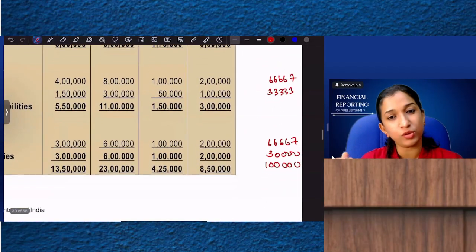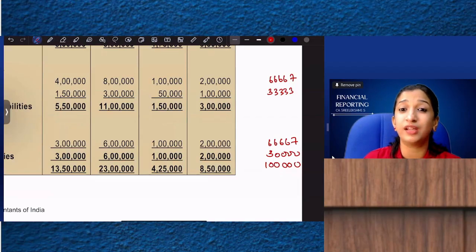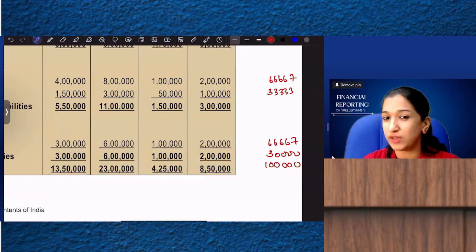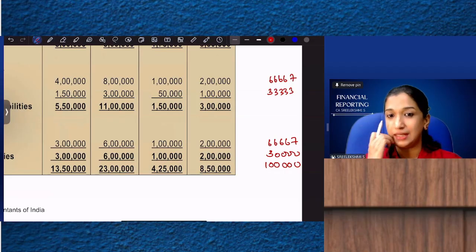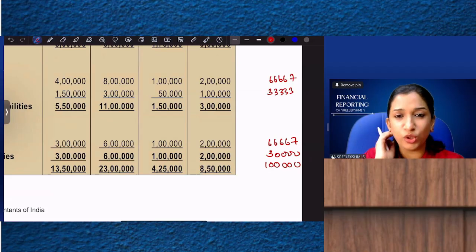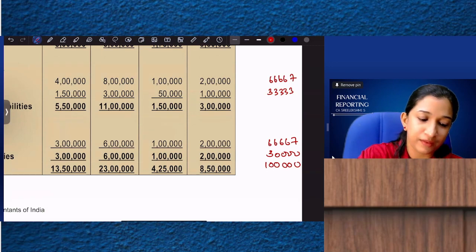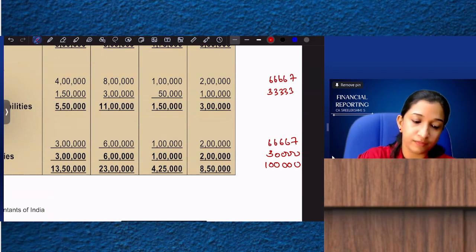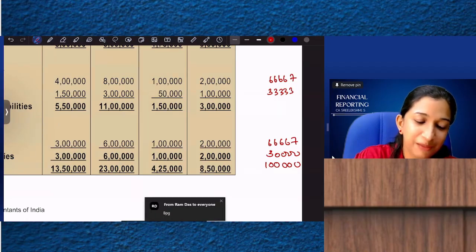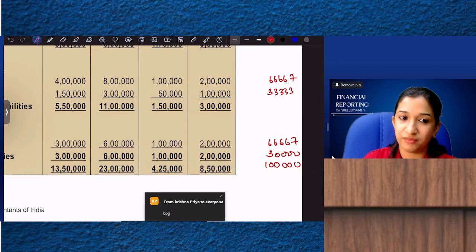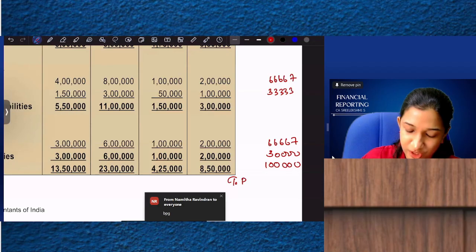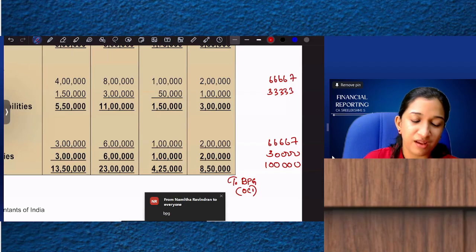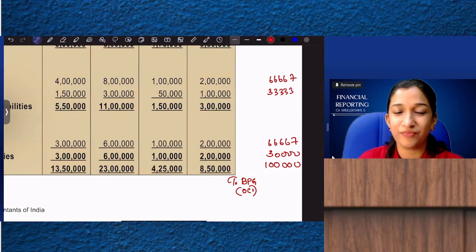You debited assets, you credited liabilities, to deferred tax liability, to cash purchase consideration. So we are literally comparing purchase consideration with the net assets taken over. So it is resulting in goodwill or bargain purchase gain. Bargain purchase gain. This is an OCI item.